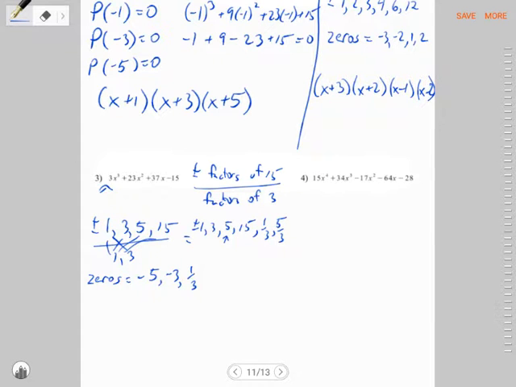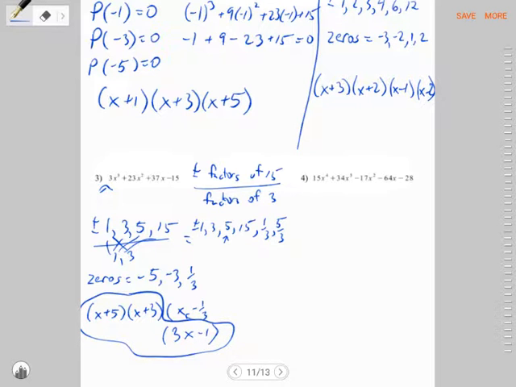So now the factors are x plus 5, x plus 3, and then x minus 1/3. But remember, we always want integral coefficients here. We don't want the 1/3. So the 3 just multiplies up, so really this just becomes 3x minus 1. So that gives us our factors, and we go from there.